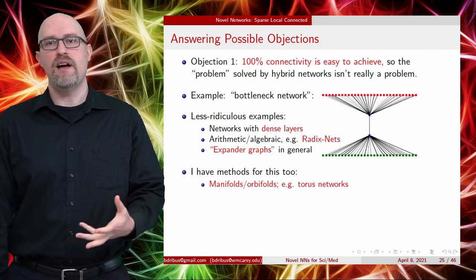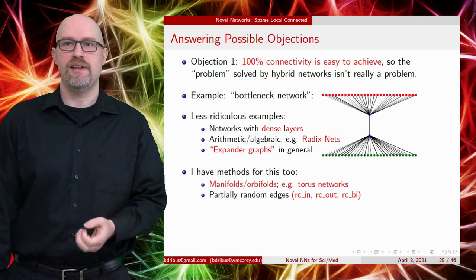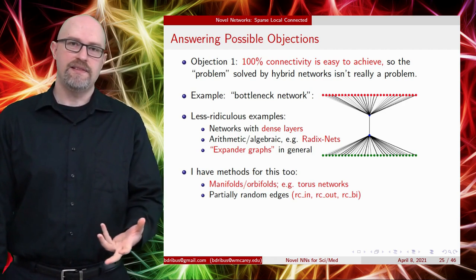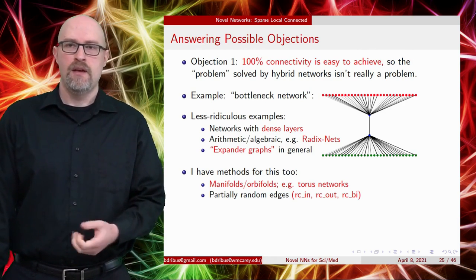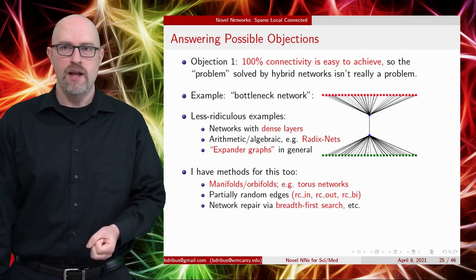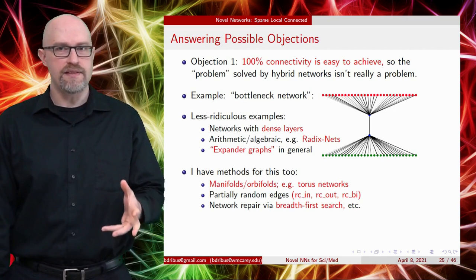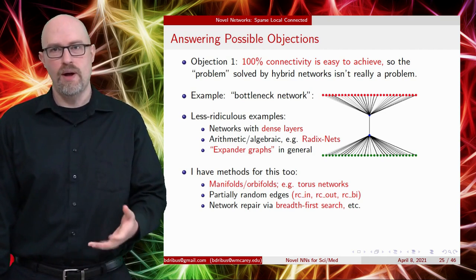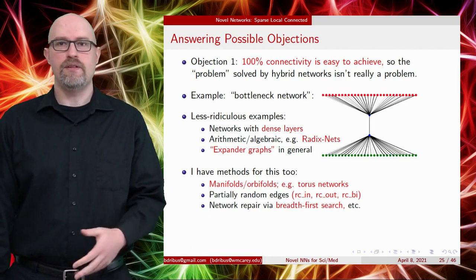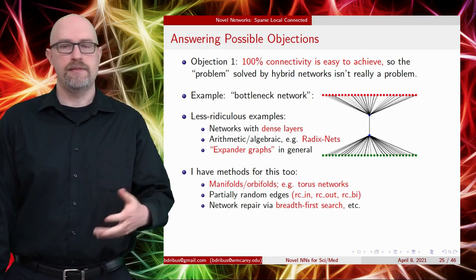I've also utilized partially random structures that exhibit good expansive properties while guaranteeing the existence of certain connections. Finally, I've explored methods of slightly modifying an existing network to obtain a network that retains the same good properties while achieving 100% connectivity.